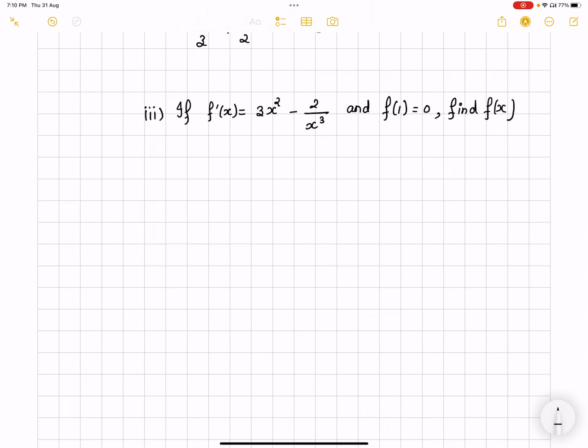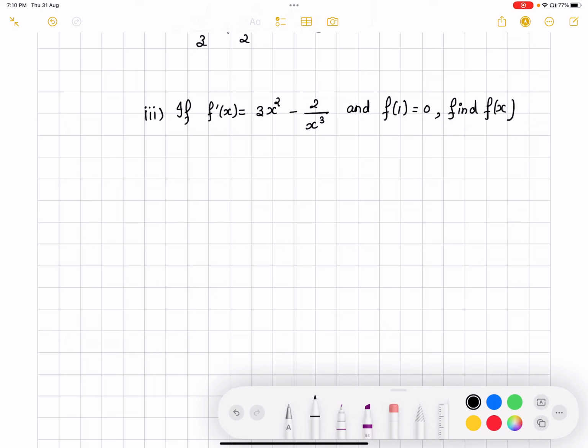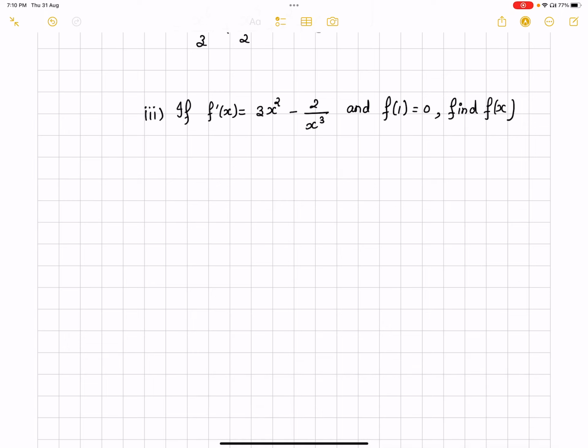So just have a look at this particular problem. We have f dash of x is equal to 3x square minus 2 by x cube. This has been given, and they gave me one extra piece of information. Why are they giving this? There's a reason behind it. F of 1 is equal to 0, and they are asking me to find out the function.